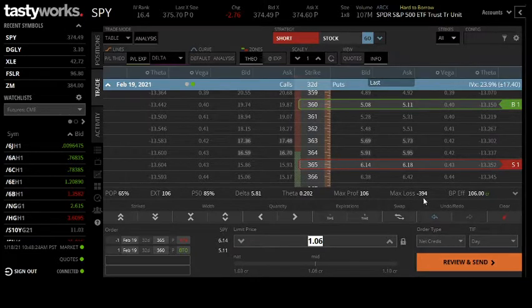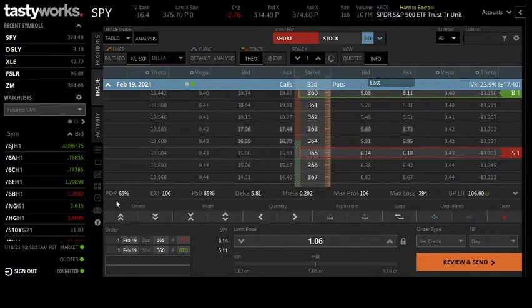That creates our max loss to be $394, so $5 wide minus 1.06 is $3.94. That's your max loss. That's also your buying power reduction. With Robinhood, they might try to just take out the whole $500. I don't know for sure. They used to.